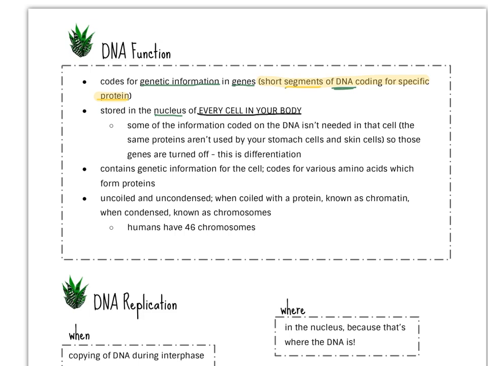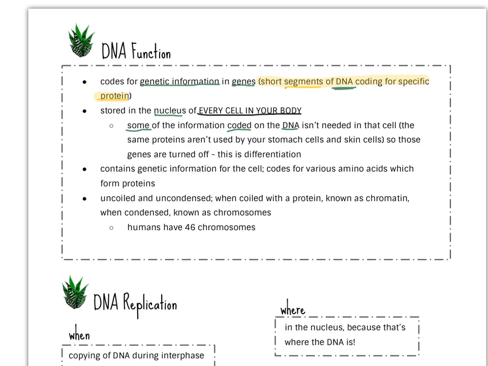But even though it's in every cell in the body, some of the information coded on the DNA isn't needed in that cell. So all of the genetic information isn't needed in all of the cells, but it's still present in all of the cells.